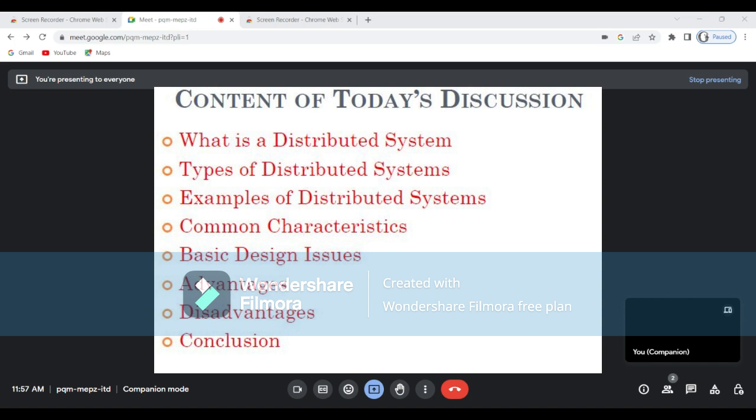For example, the distributed computing system is a combination of cluster computing systems and grid computing systems. Each one has its own usages in distributed systems.